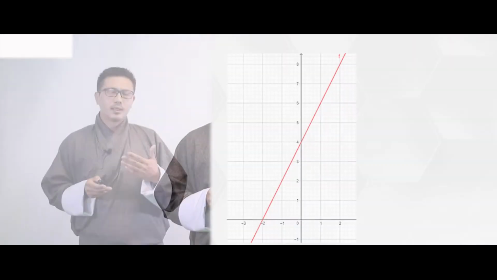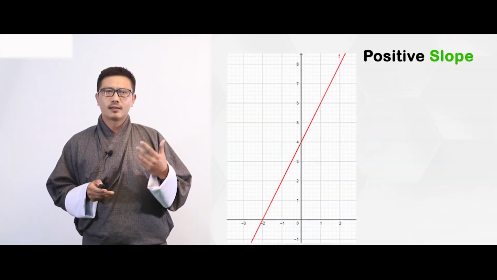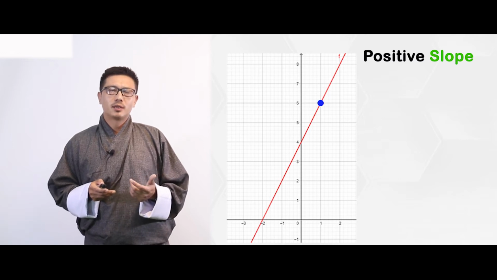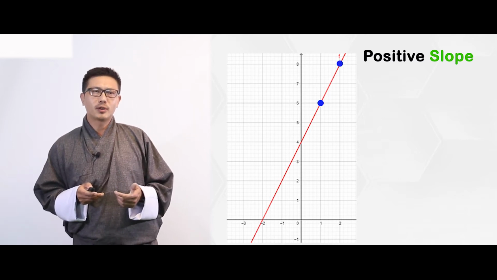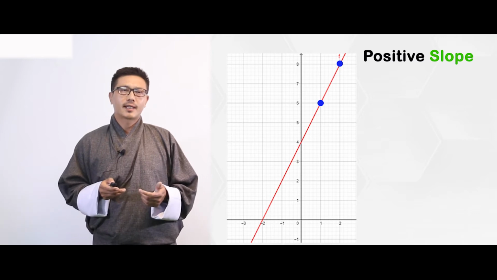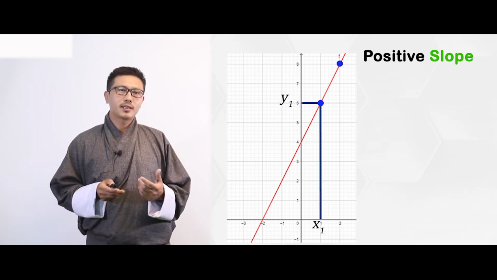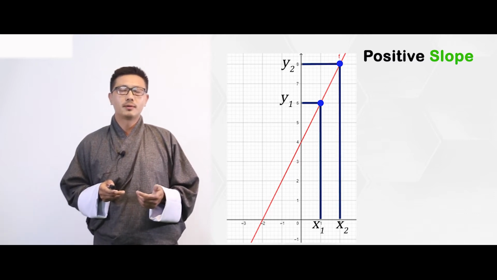So I have a set of 3 examples. In the first example, we are looking at a situation where when the x variable increases, the y variable also increases. Taking a look at this line, let us first identify 2 points. For the first point, let's take down its coordinates as (x1, y1), and for the second point, its coordinates (x2, y2).